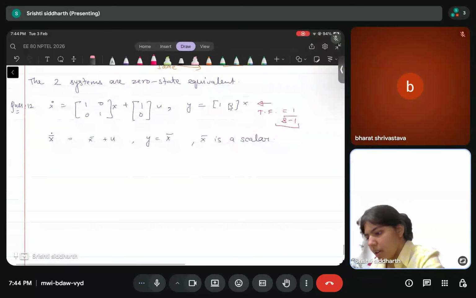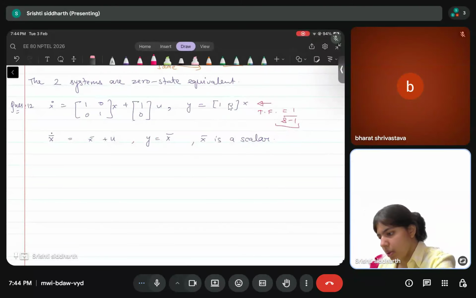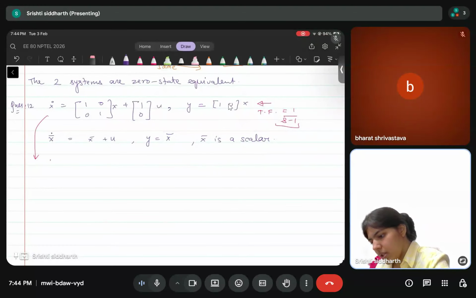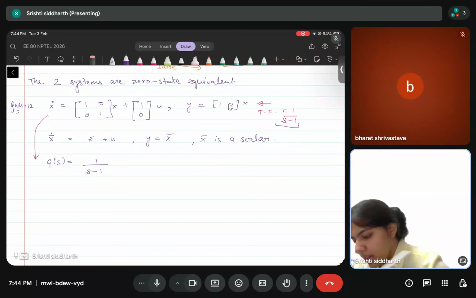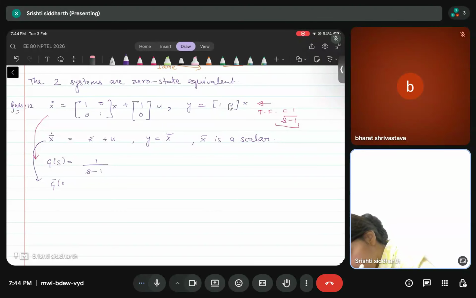Alright. So you know the transfer function for this one. This is G(s) equals 1 upon s minus 1. Okay. Now for this, G bar(s) is C bar (sI minus A bar) inverse B bar. So observe that D is 0 in both the cases, right?